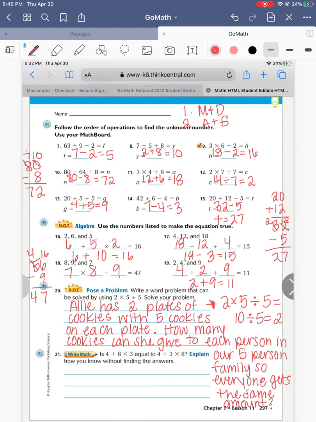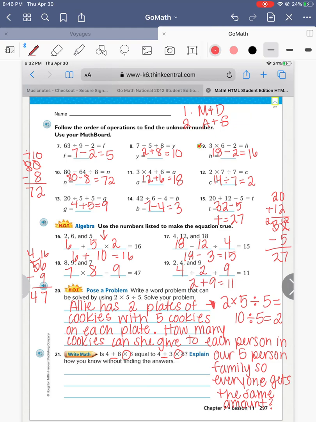Okay? Then for number 21, it says, is 4 plus 8 times 3 equal to 4 plus 3 times 8? Explain how you know without finding the answers. So look at what we have. We have multiplication here, addition, and addition.